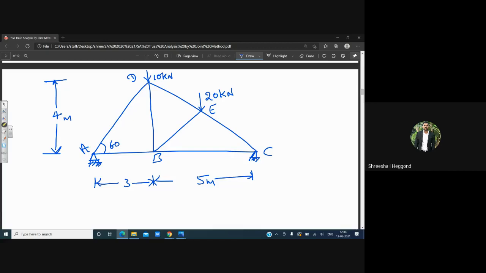This is of right angle triangle. So we have 45 degree. This is of 45 degree.